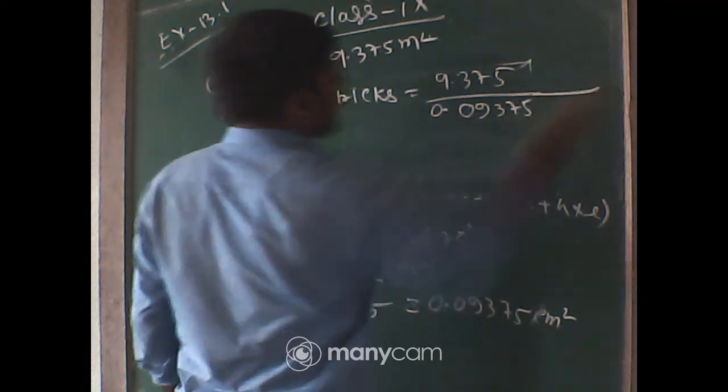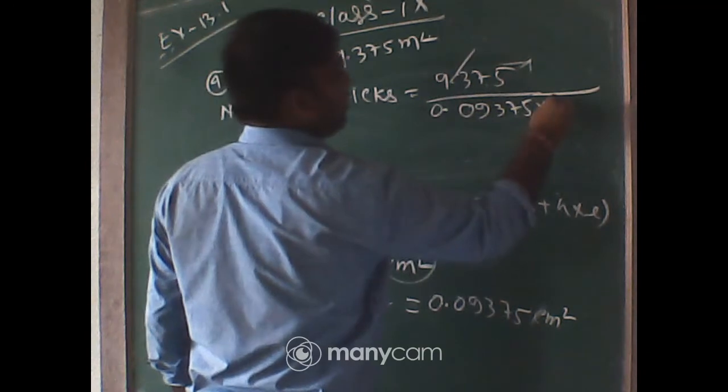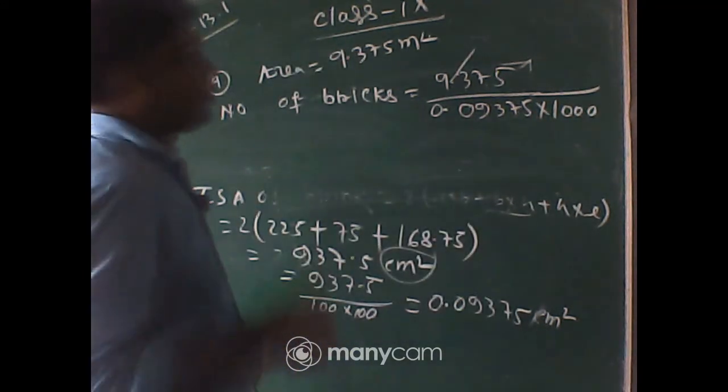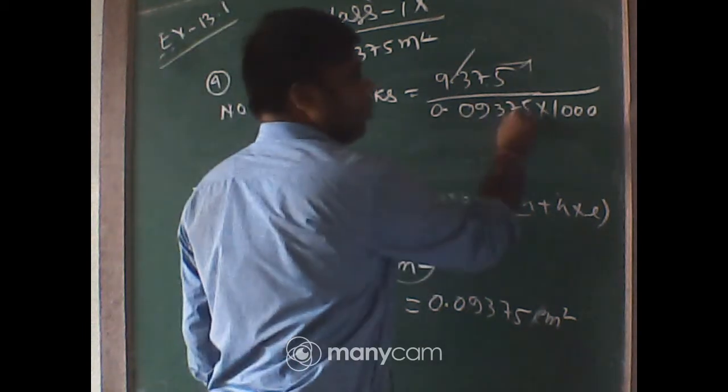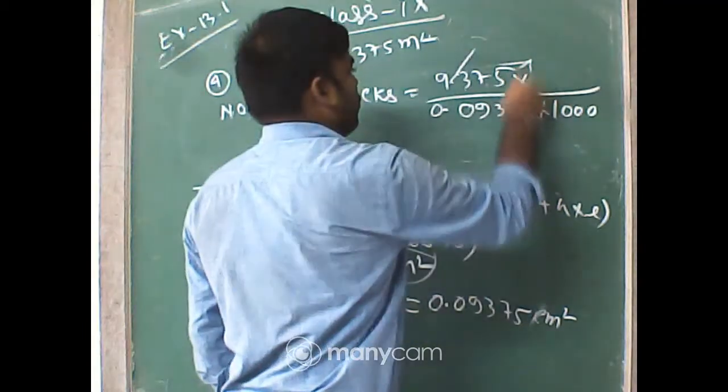Students, if I remove the point, there are 5 digits here, so it will be multiplied.